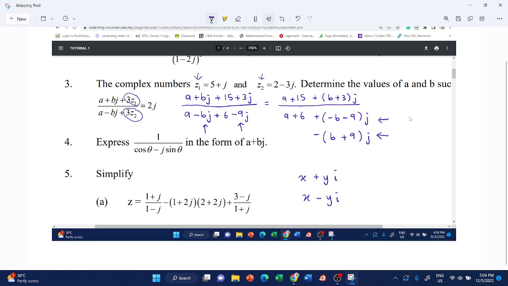For imaginary, i is your j. So actually you can do something like this. It is equal, right? Yes. Or you can use something like this. Both are equal actually.